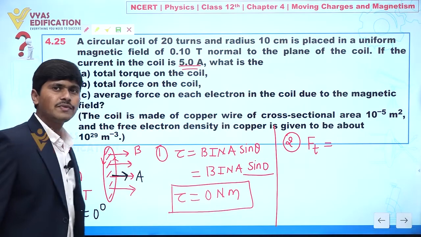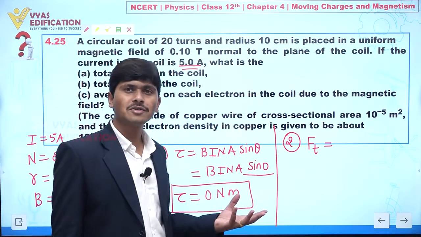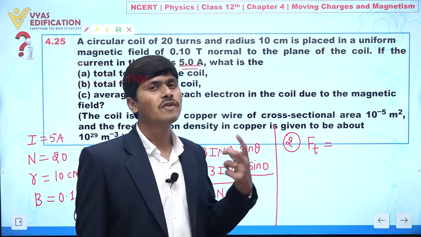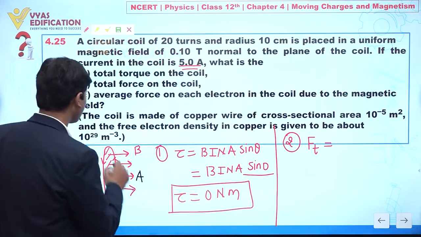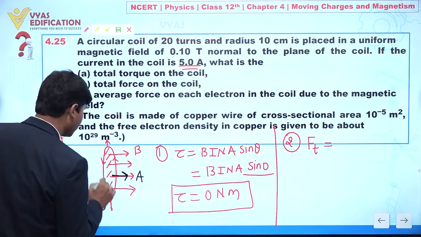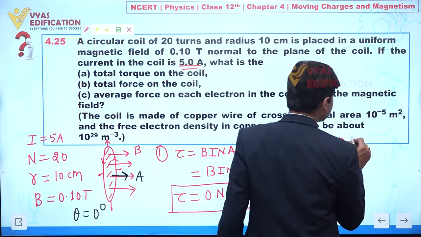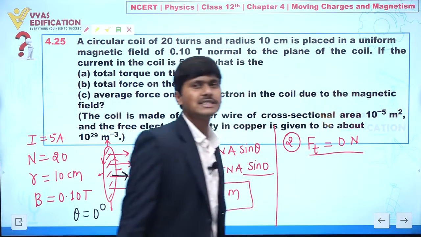The magnetic force acts in this direction, so the force on one component of the coil cancels the force on the opposite component, like this. So the net force acting on this coil is 0 Newton.